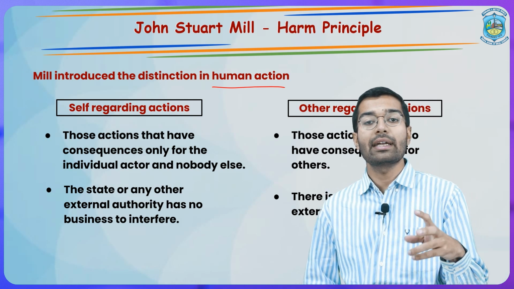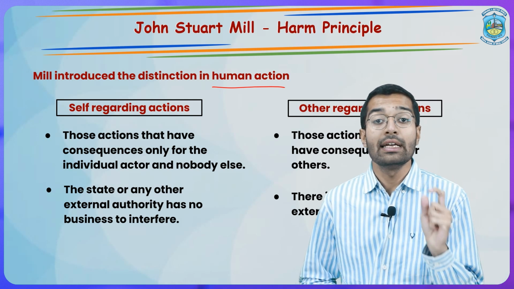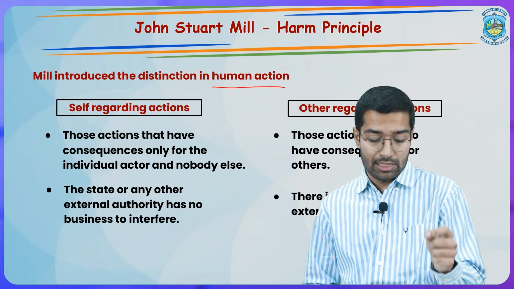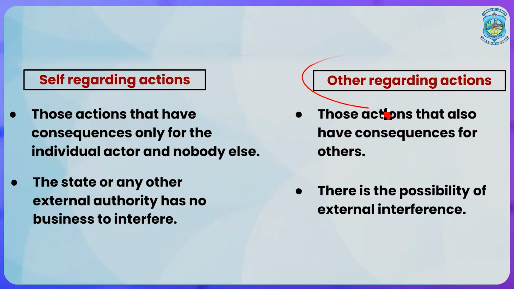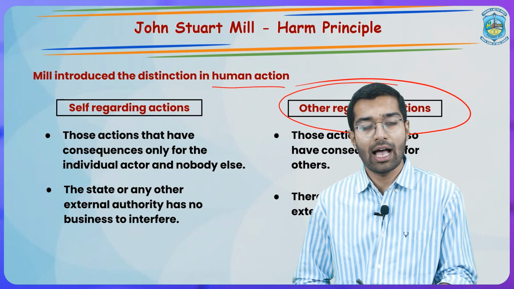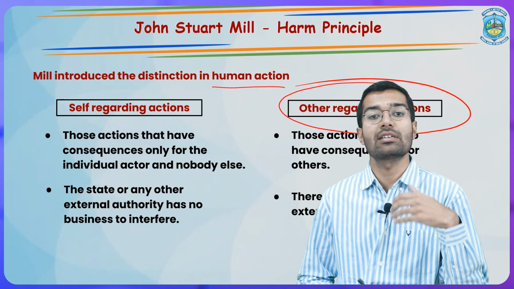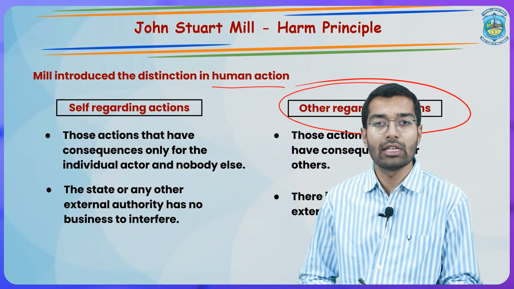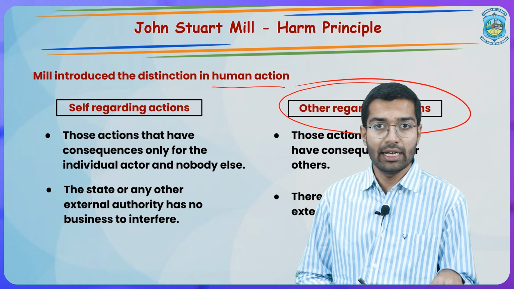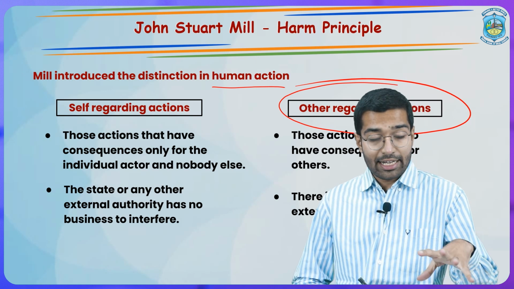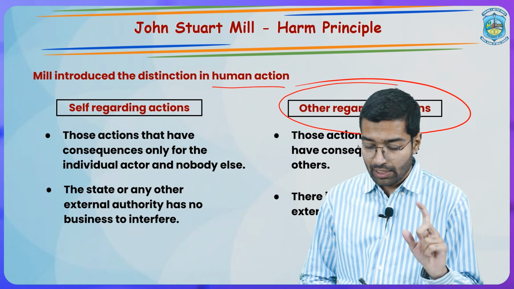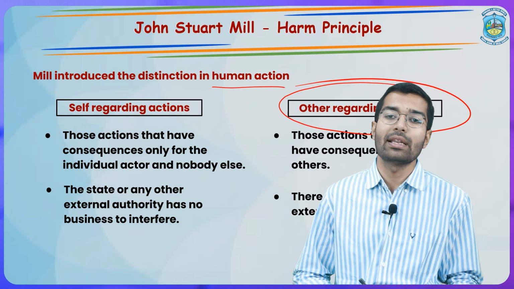So here the government comes up with the helmet rule because it is impacting the other person also, so here it is other-regarding action. But if it is impacting me only, then the government will not interfere. But when your actions are impacting the other person's life, then the government comes up with a law or tries to intervene in your liberty. Now I think the example is clear.